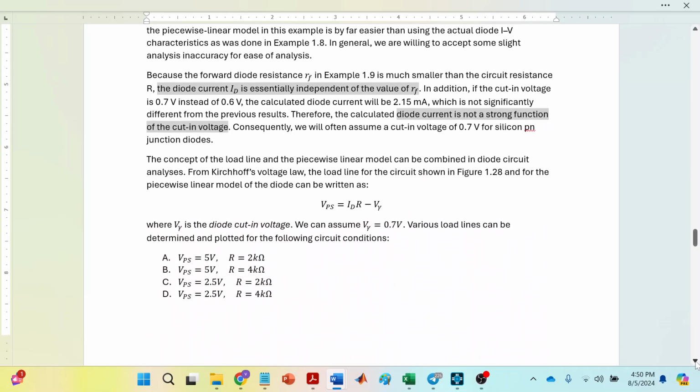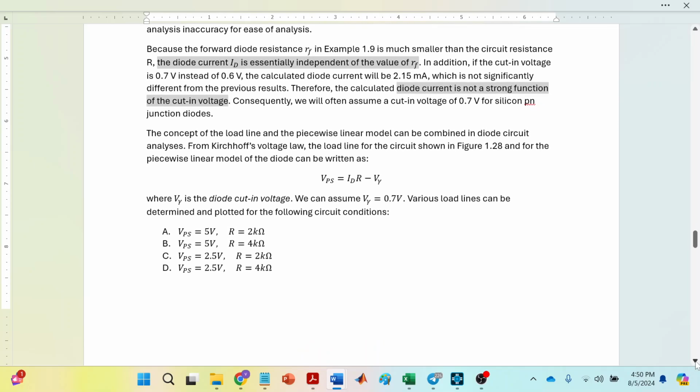So we can use the concept we already know of the load line to do a further analysis using the piecewise linear model. From the Kirchhoff voltage law, you have this V gamma in place of VD, where V gamma is the cut-in voltage or the turn-on voltage.